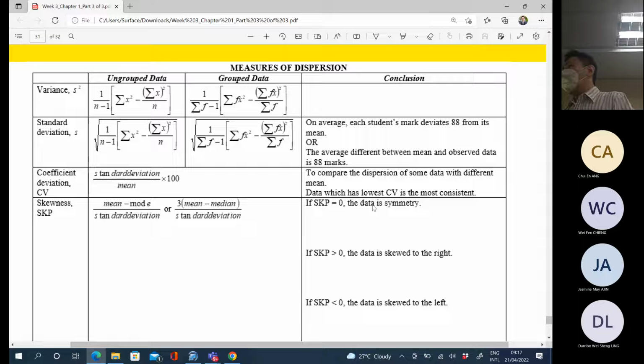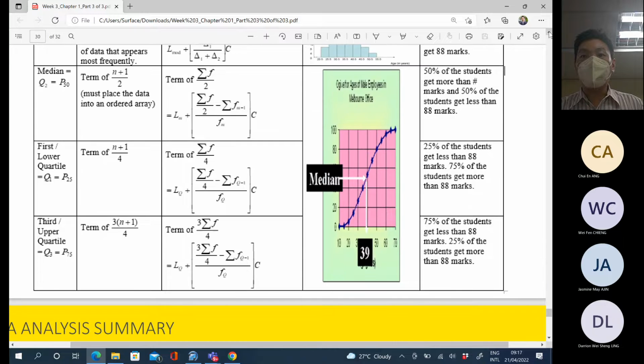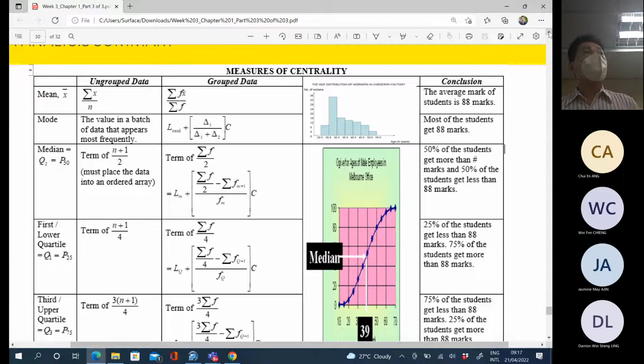Besides knowing how to calculate all these measurements, you must also know how to interpret the value that you obtain for each measurement. You may need this knowledge for your project 1 later on, and also project 2. So for mean, how to describe the mean value?